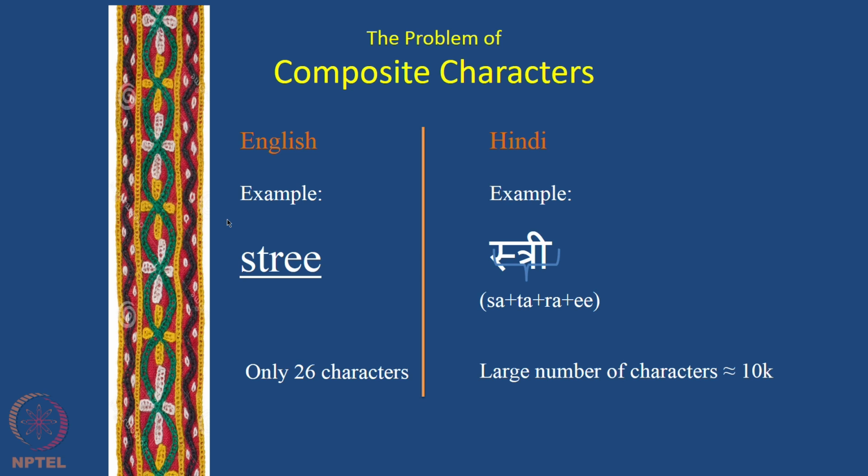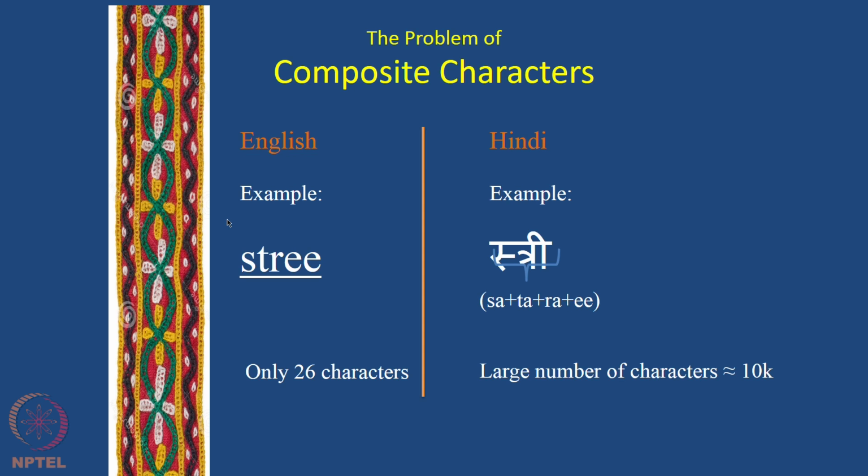So you take the letter Sa, and then the letter Ta and letter Ra, right? Then you morph them and amalgamate them into a complex structure and take the vowel E, and also morph that into an arc-like shape and squish them all together and create a very complex structure called Stree. Such a character, which is a composite of multiple basic characters, is called a composite character or a samyuktakshar.